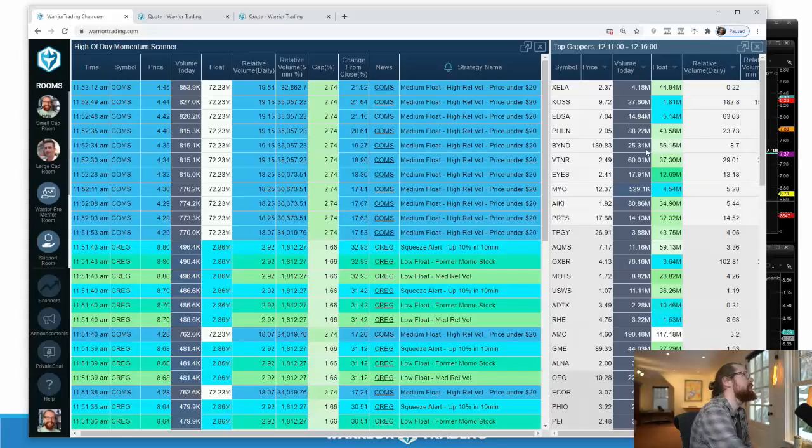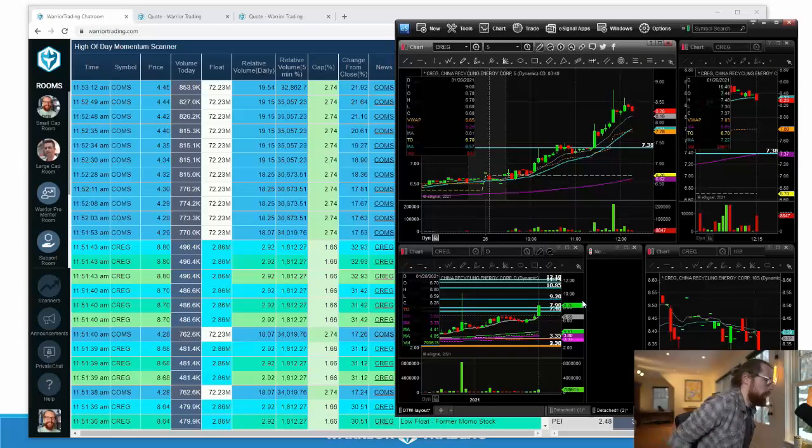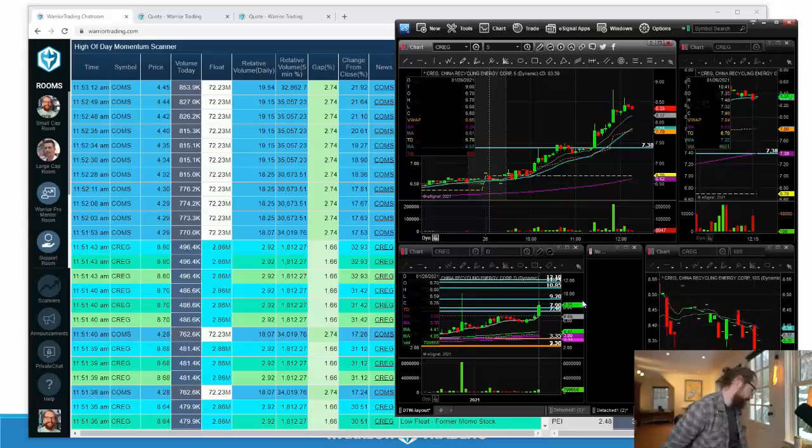Usually when a stock hits the scanner, I'll pull it up. I'll check to see what the news catalyst is, but one of the things that I mentioned previously is the importance of knowing whether or not we're in a hot market or a cold market. In a hot market, I'll be a lot more aggressive jumping into things that are moving and squeezing, whereas in a cold market, I'm probably just gonna see things pop up and say, I don't think it's worth it.